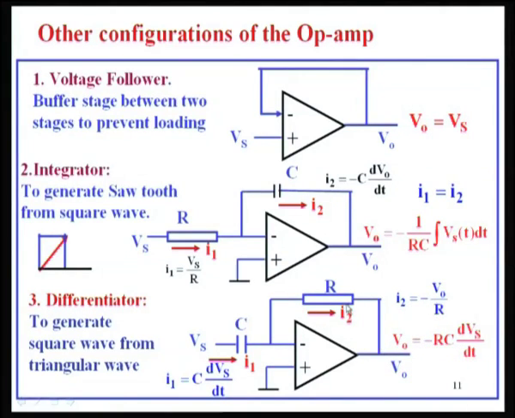V naught divided by R is current I 2. Equating minus V naught by R and C dV s by dt, we get V naught is equal to minus R C into dV s by dt, which means that the output will be the differential of the input. In other words, if I have a sawtooth wave shape, I can differentiate it and get a square wave.